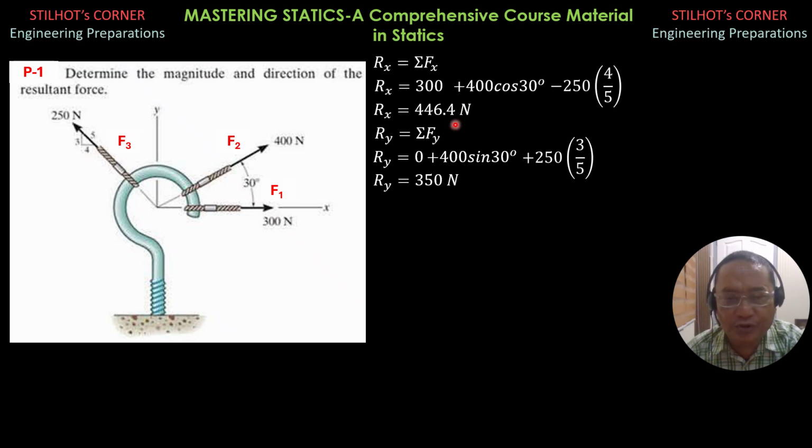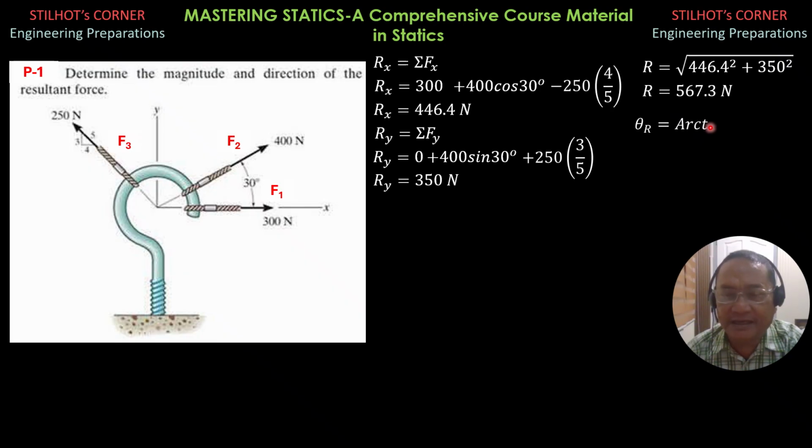Then the magnitude of R is square root of 446.4 squared plus 350 squared. And since both Rx and Ry are positive, the resultant lies in the first quadrant. And the angle is automatically arctan of Ry over Rx. There's no need to put absolute value bars. So R is equal to 567.3 newtons.